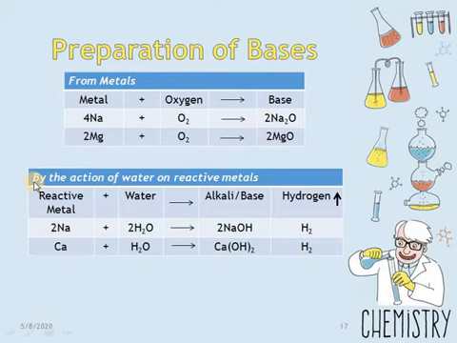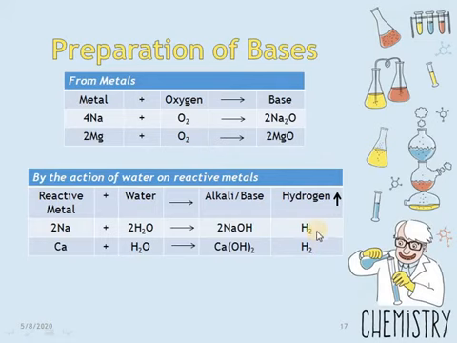Second process, by the action of water on reactive metals. Who are reactive metals? Generally sodium, potassium and calcium. I have not shown the reaction between potassium and water; you can write it the same way as sodium. You can see the reaction over here and hydrogen gas is produced.